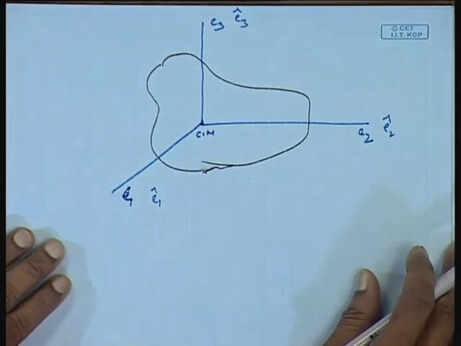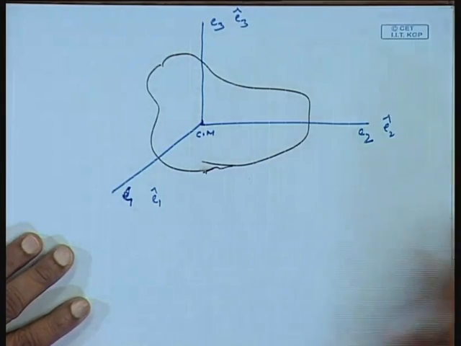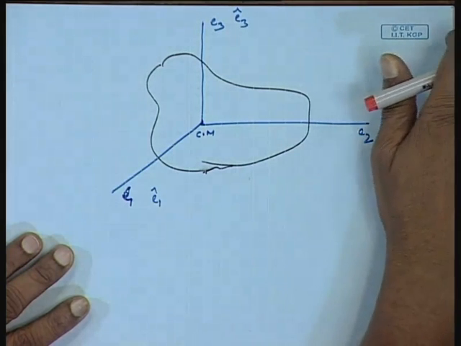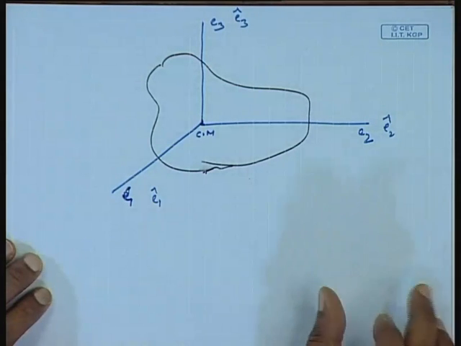Now, say your principal moment of inertia. For a real symmetric matrix, you will get 3 eigenvalues. They indicate the 3 principal moments of inertia, and the corresponding eigenvector will tell you the direction of the principal moment of inertia.